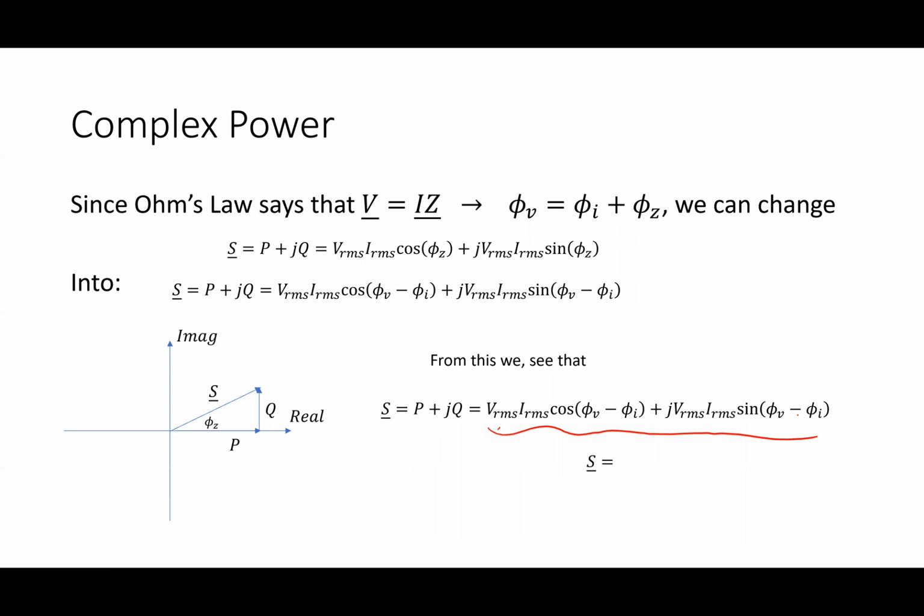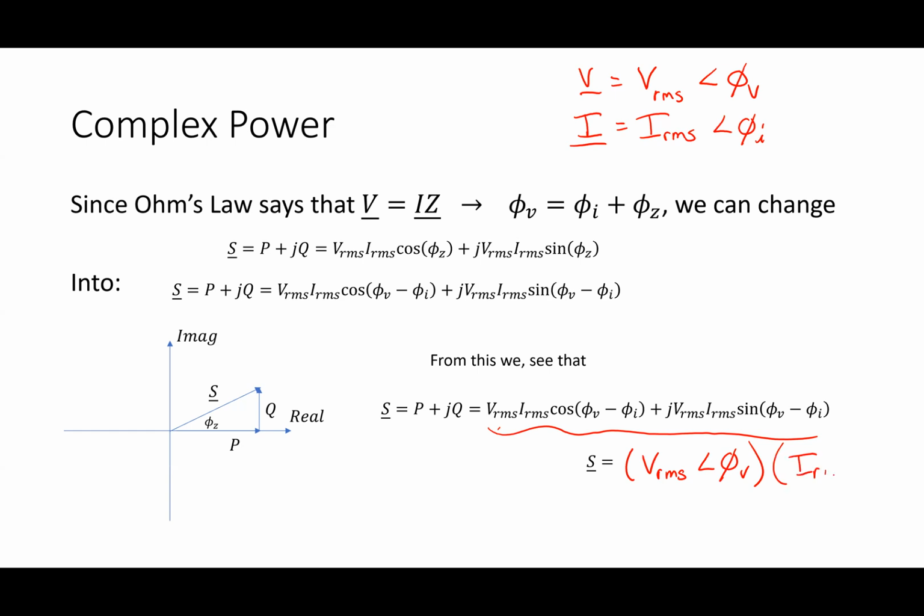If I look at it carefully, the way I would get this result would also be if the voltage vector was VRMS with an angle of phi V, and the current vector was IRMS with an angle of phi I. This thing would end up being VRMS angle voltage times IRMS times the negative angle of the current.